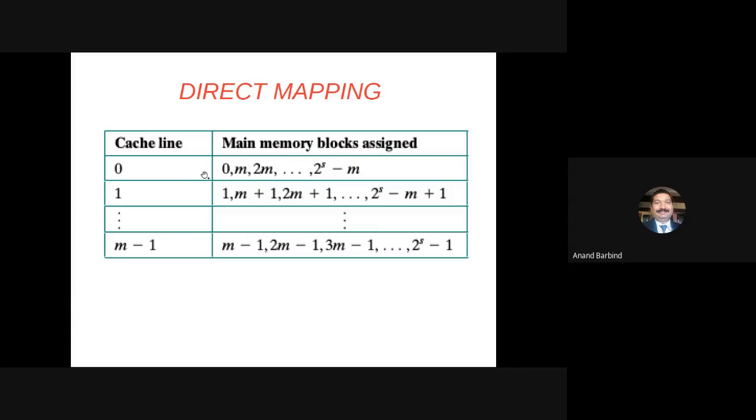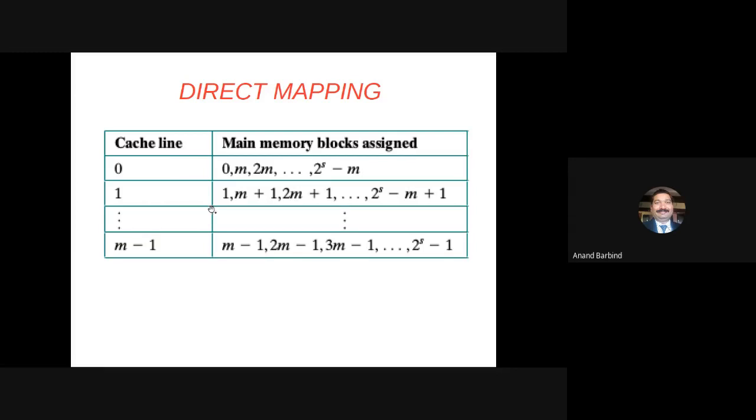In case block number 0 is there in the cache, and the CPU needs block number m or 2m, then block number 0 is to be removed from cache line 0, and the required block, either block number m or block number 2m, is to be loaded in cache line 0.